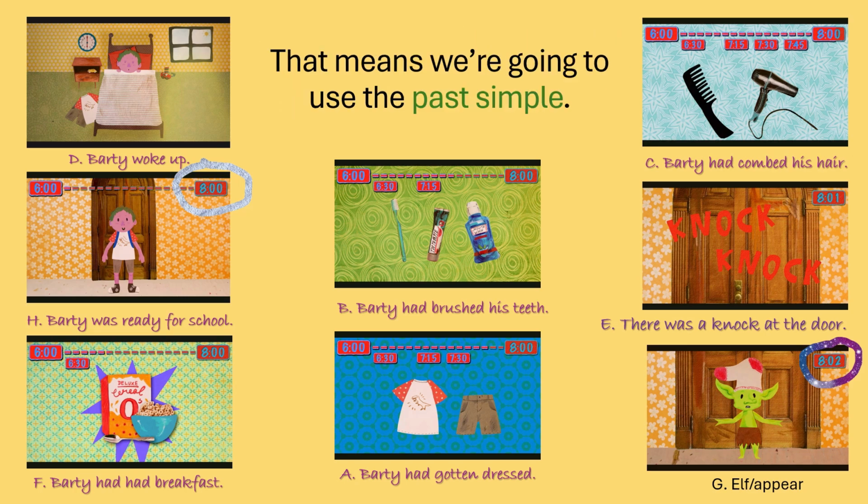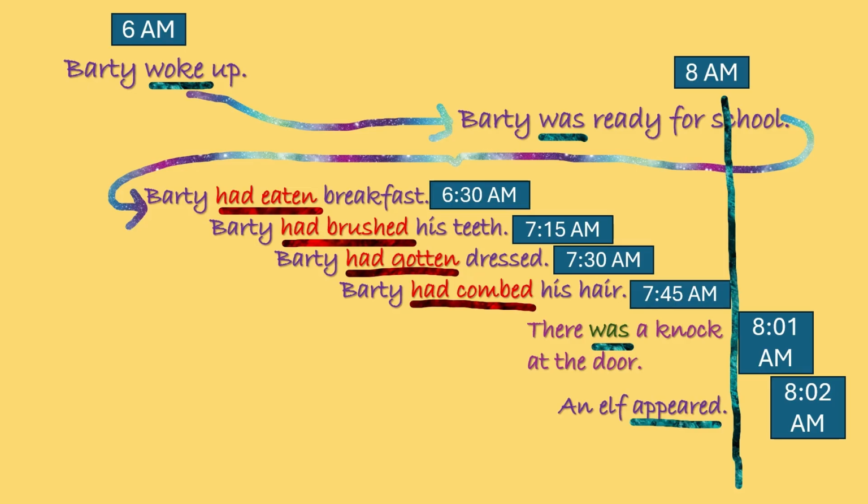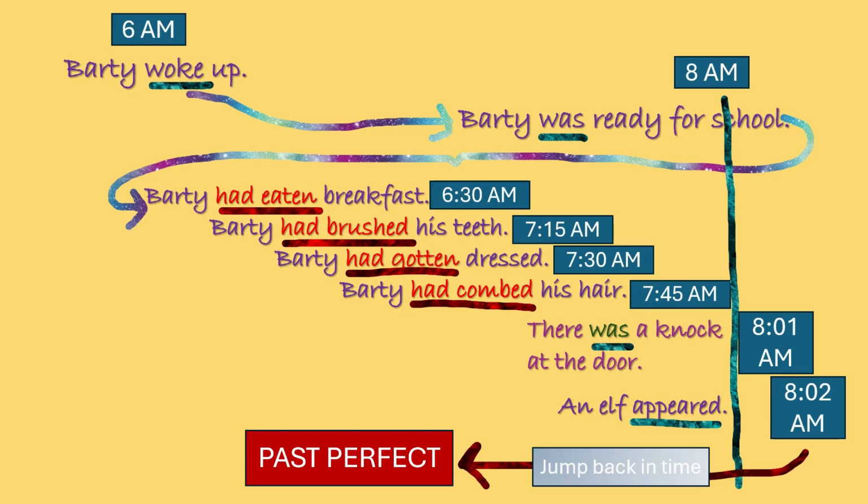That means we're going to use the past simple. So our sentence is, an elf appeared. And as we tell this story, we'll keep using the past simple until we jump back in time again. And then we'll use the past perfect.